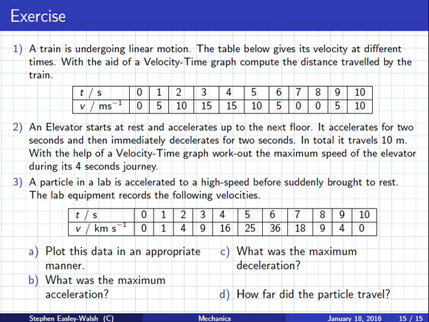Just to draw it here, if we have something like this, this height is the u, this height is the v, this base is the t, this area is the s, and this slope is the a. So, everything's on the graph.